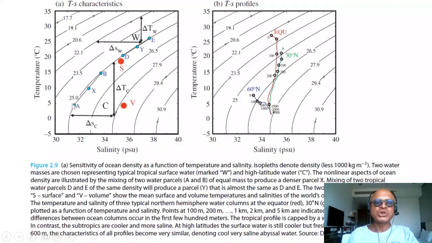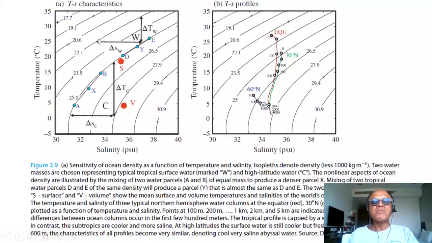And these arrows show you that at a colder temperature, the same change in salinity is going to require a larger change in temperature to accomplish a similar change in density. So the density is a nonlinear function of temperature and salinity.